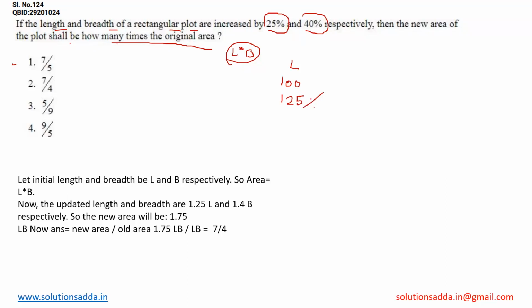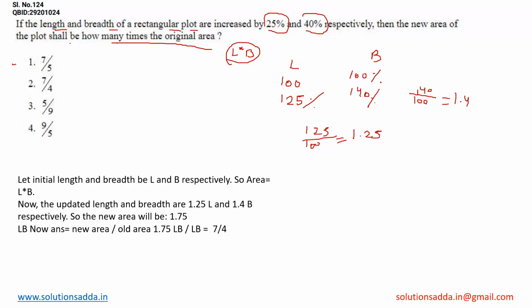And similarly, if the breadth is 100% and it will increase by 40%, so it would become 140%. And we can write 125 divided by 100, I can write it like this, 1.25, and I can write the breadth like this, 1.4.